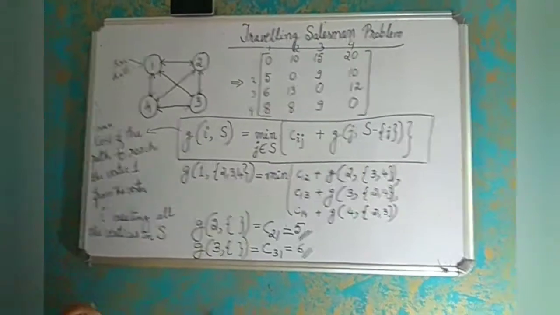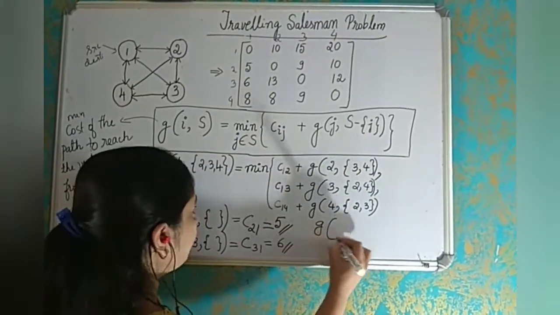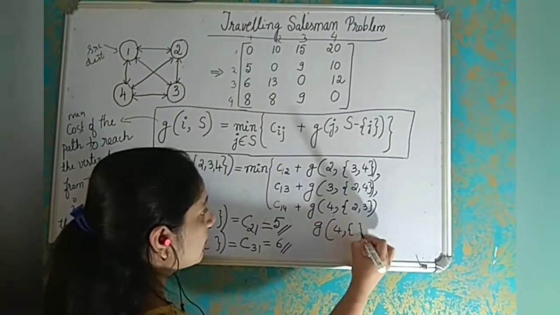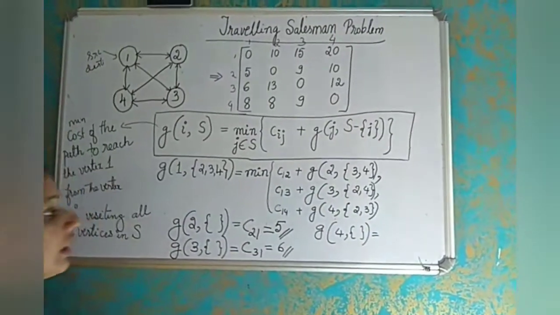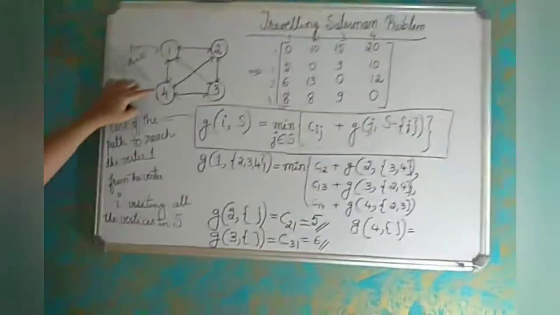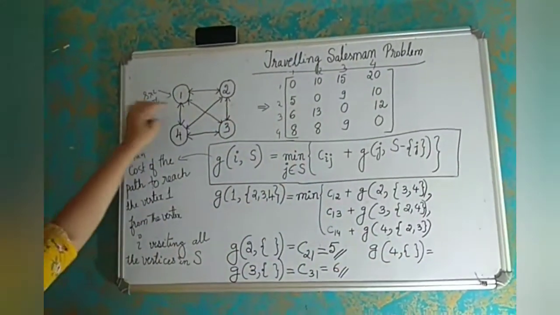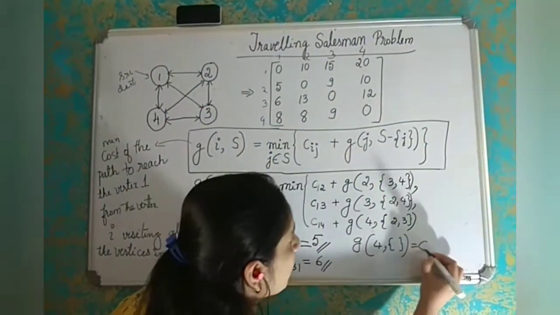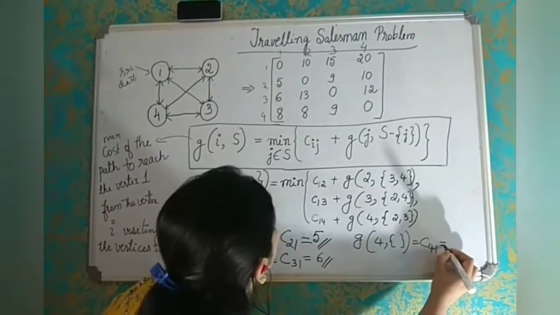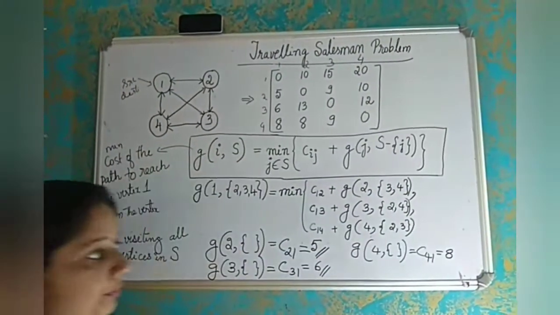Next we also have G of 4, null set, which is the cost of traveling from vertex 4 to the destination 1 without visiting any of the vertices. That is nothing but C of 4 1, which is equal to 8.